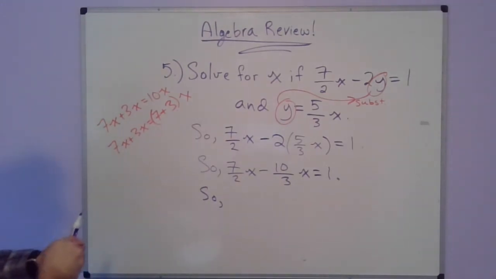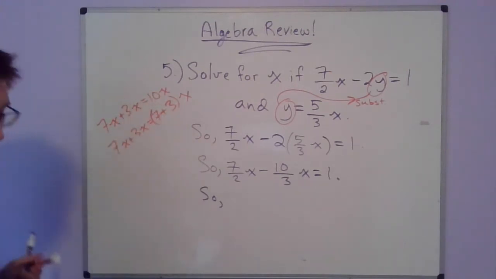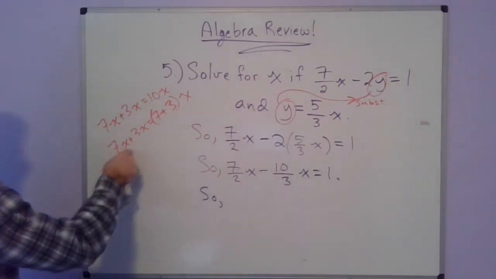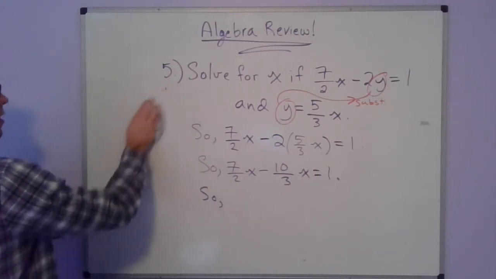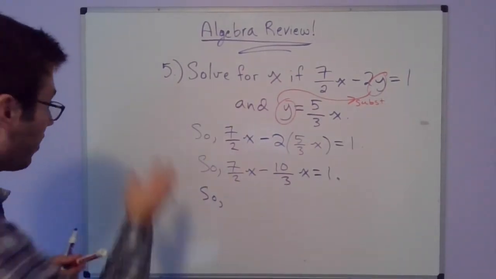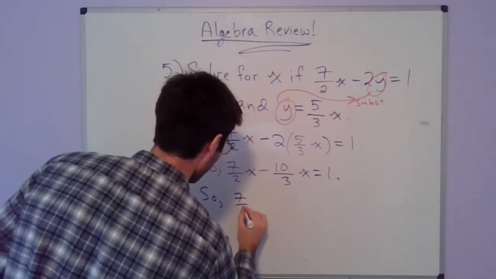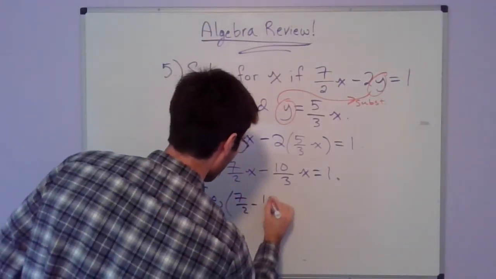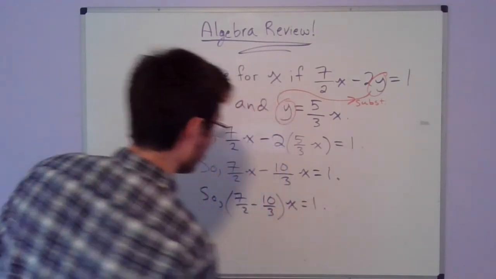And then you know 7 plus 3 is 10, but every time you're really simplifying in that way, you're factoring out an x like that. And just like that over there, I can do the same thing.